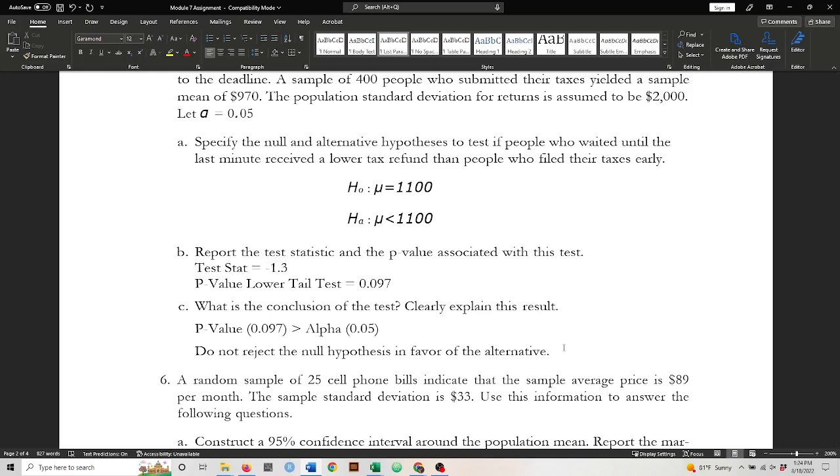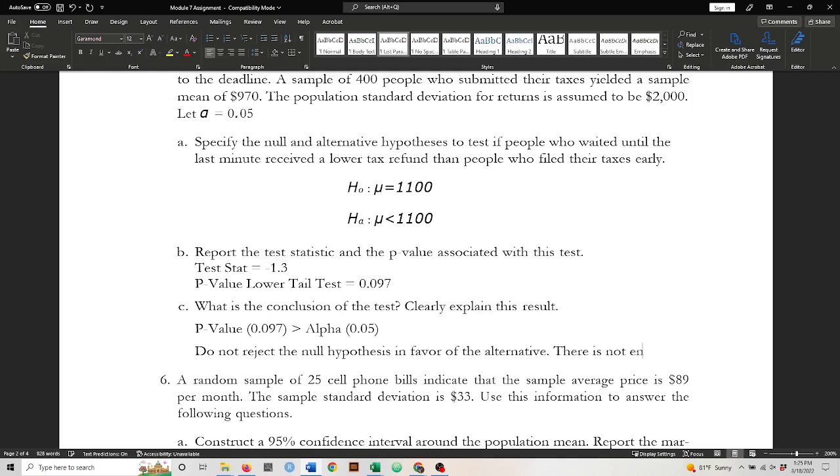We do not reject the null, but our audience might not understand this because the language is so confusing. Let's try to write it a different way where it's relatable to people, where they'll actually understand the result. So now we want to say something like, we cannot suggest that late filers have a return less than $1,100. We don't have enough information to suggest. So that would be a way.